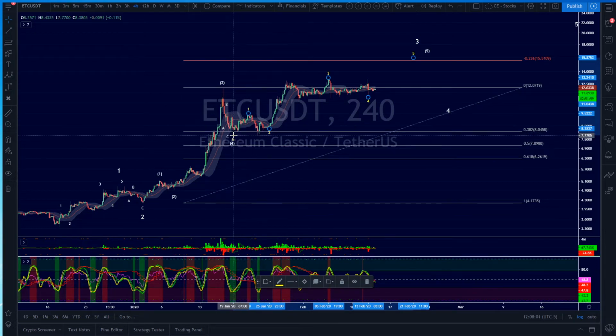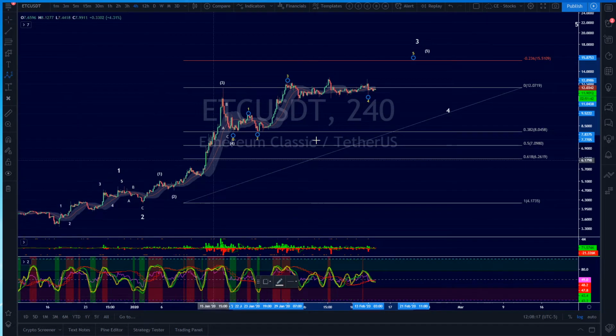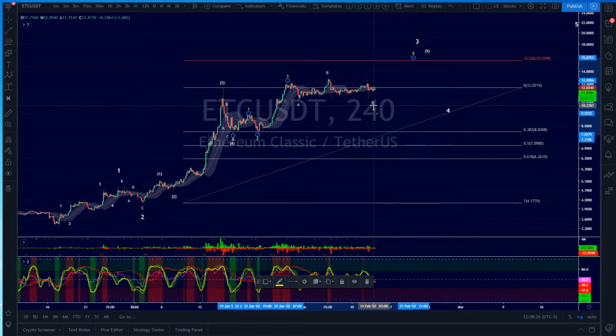Moving this, for that to be the 1 and this to be the 2, and then we've got a nice 1, 2, 3, 4, 5 into the 3 right here. And then this fourth wave is really hard to trust. It's very possible that this is showing as an A, a B, and then a C going into an expanded flat, in which case we would have basically confirmed this as support.